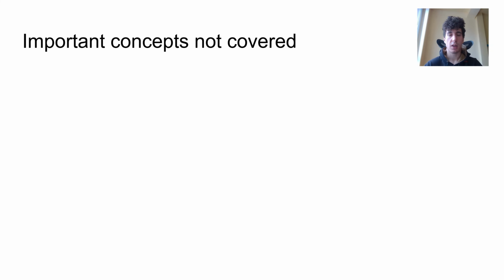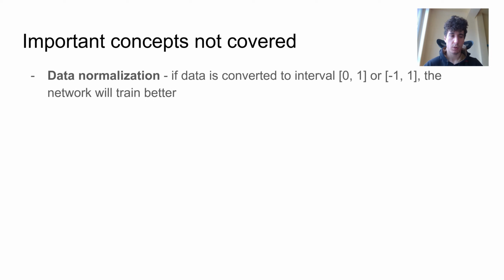Now, if you want to get more information on neural networks, there are some topics which we didn't talk about, which are data normalization. All of these topics are quite general and you can find a lot of resources online, but if you'd like, I can make some tutorials on them too.